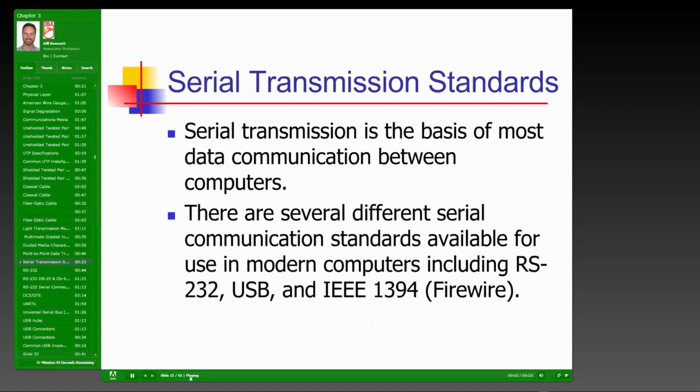The serial transmission standards are the most commonly used point-to-point data transmission techniques. There are several different serial communication standards available: RS-232, USB, and IEEE 1394, or FireWire.